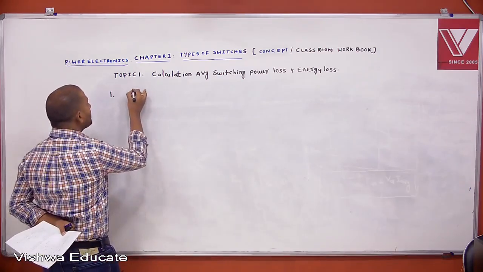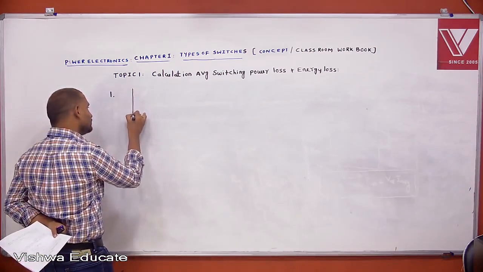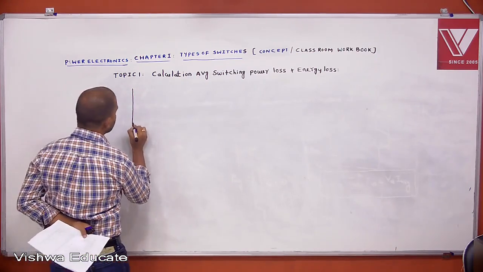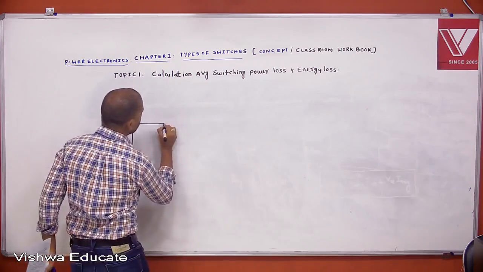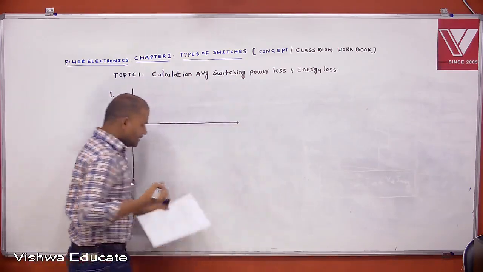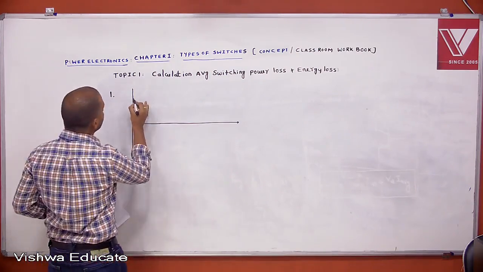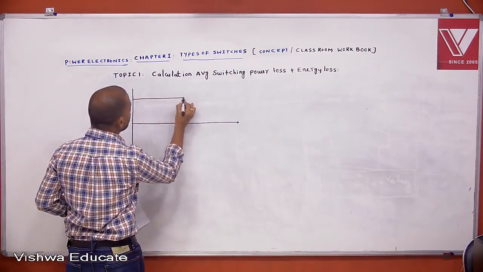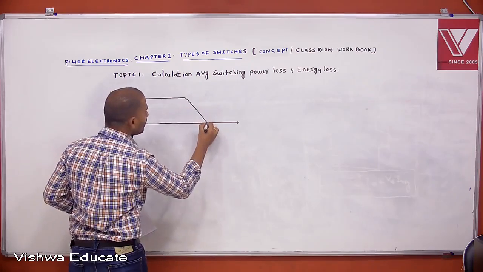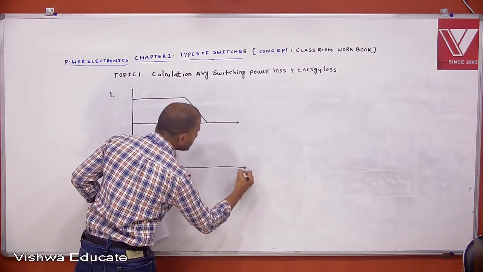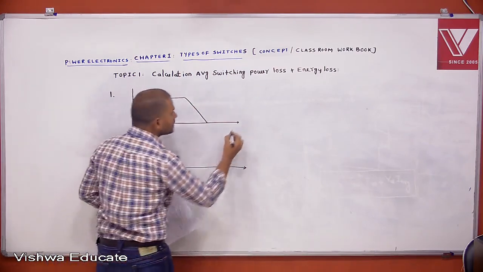These are the characteristics given. This is the voltage across the switch, given like this. And current through the switch is also given.